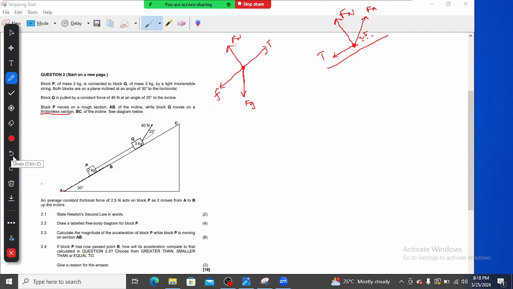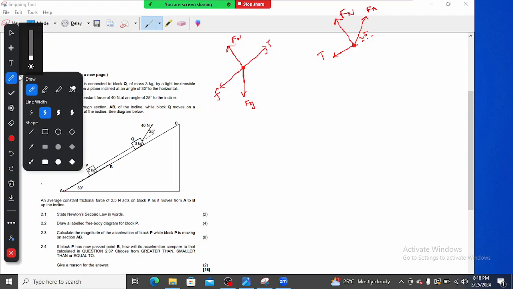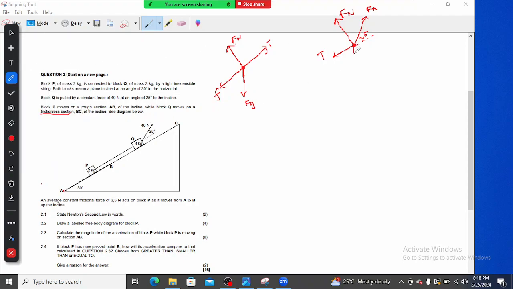So I can just quickly erase this, and then I'll draw the weight. So the weight is Fg, right? So this is the free body diagram. This one is for block P, and this one is for block Q. Any question here? No.